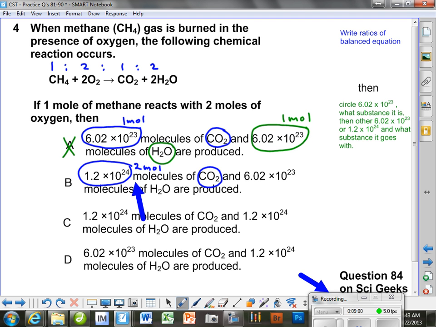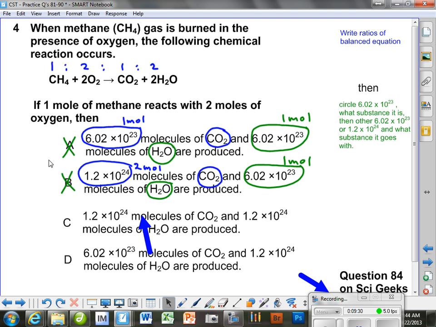And as we look at the 6.02 times 10 to the 23rd, we already know that that is 1 mole. And now let's see what that is. That is also water. And so is our ratio of carbon dioxide to water, CO2 to water, is it 2 to 1? No, it's 1 to 2. So we've just ruled out our second one.